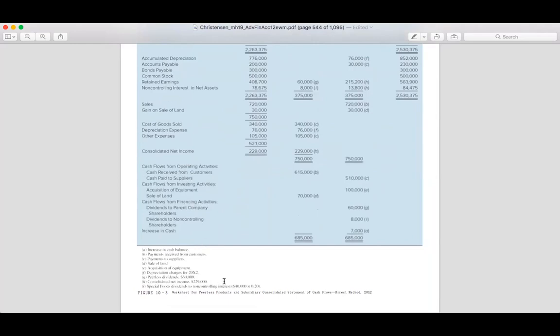So this is the worksheet for PLS product and subsidiary consolidated statement of cash flow by using the direct method. You can look at the difference by looking at both forms of the consolidated cash flow. In this part, you can see the cash flow for operating activities: cash received from the customer and cash paid to the suppliers, right? So this is the main difference.